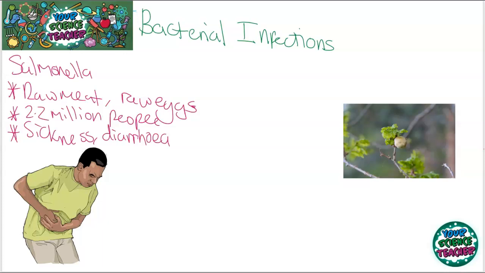Although bacterial infections in plants are rare, they still do occur. Bacterial infections in plants often cause these kind of abscesses on the plant called galls. They're often seen in fruit trees, and they can have negative effects on the plant. But scientists are actually using this bacterial infection in order to genetically modify plants.